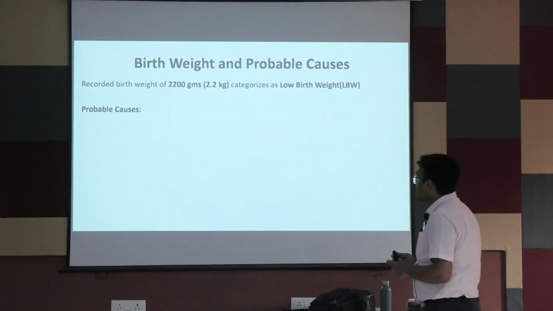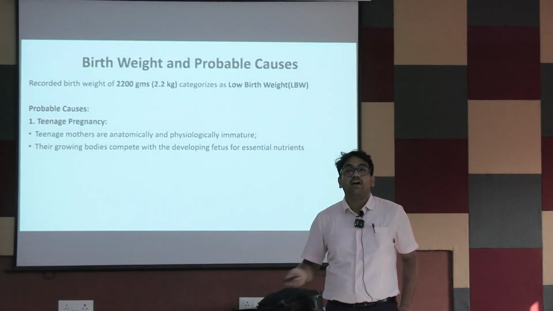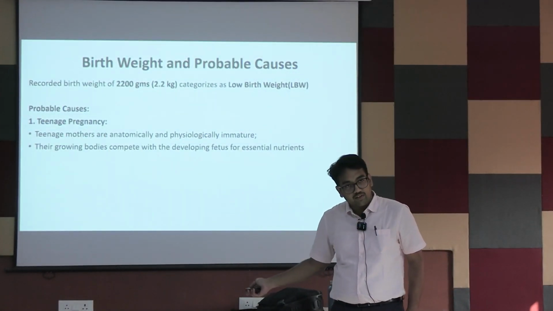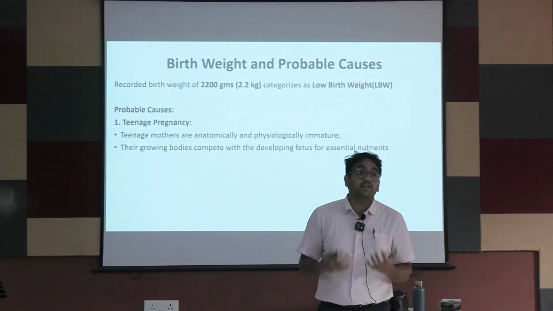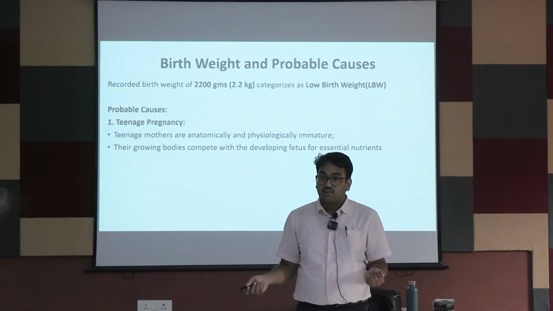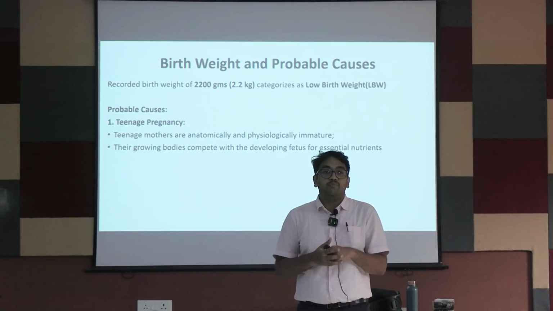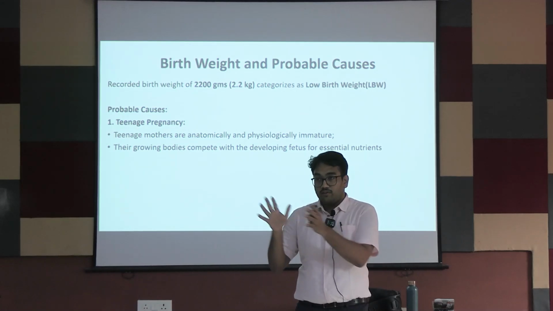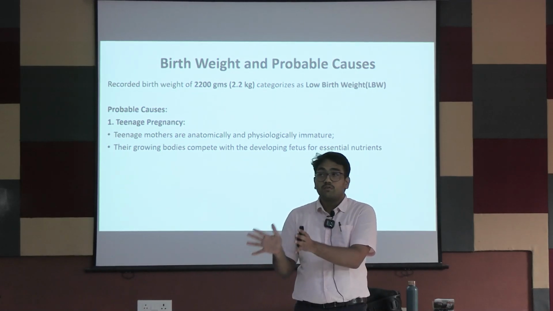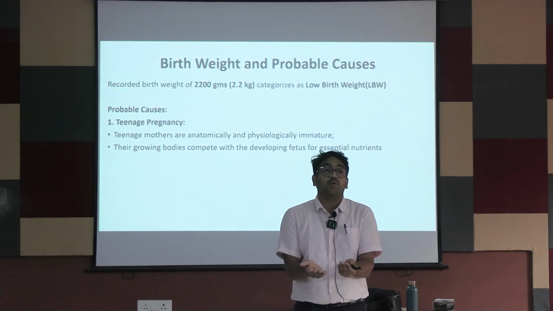So what are the probable causes? In this case, as we know, it is teenage pregnancy. The teenage mother is still growing herself. During late adolescence, there is widening of the pelvis and accumulation of fat in specific areas of the body. So during teenage years, the mother is developing her body herself.